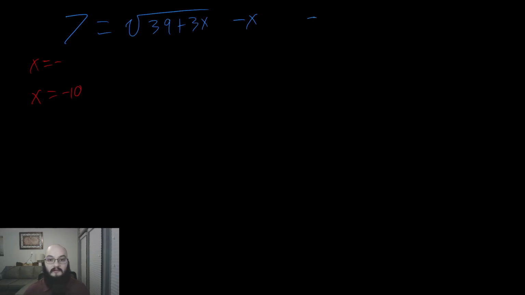We have 7 is equal to the root 39 plus 3 times, oh no, what happened to my -1? There it is. 3 times -1 minus the -1.